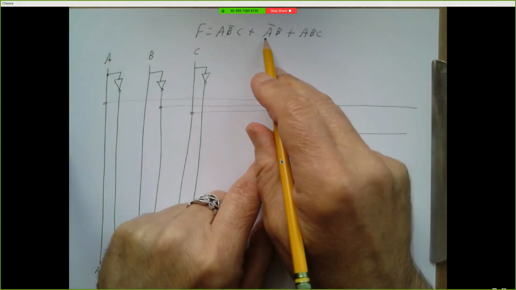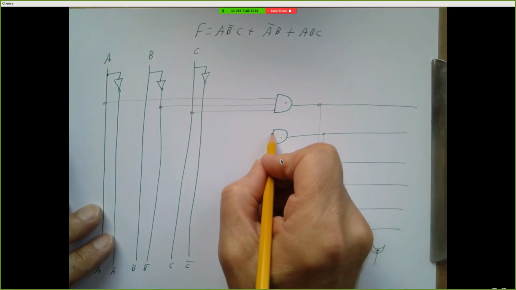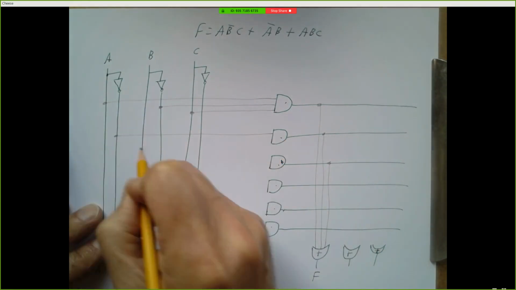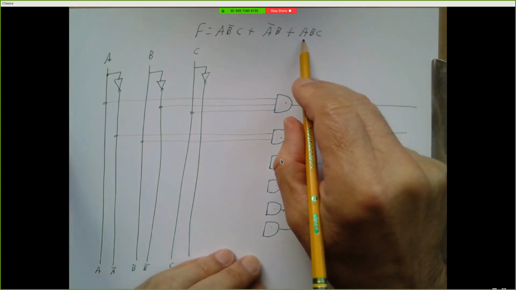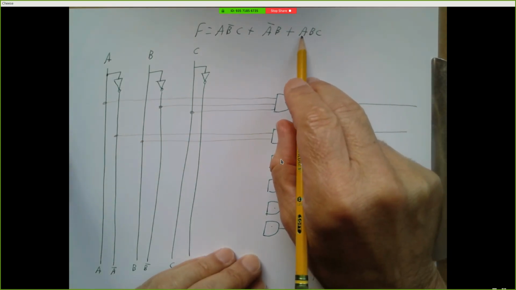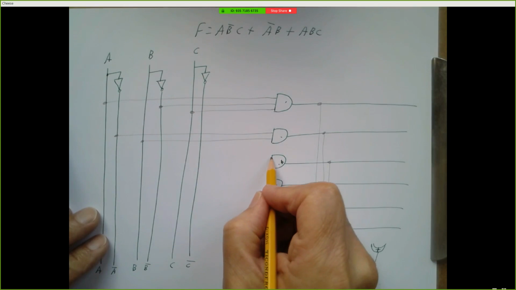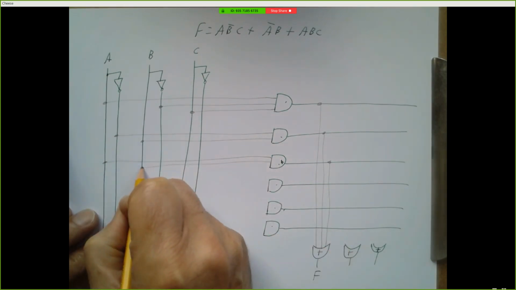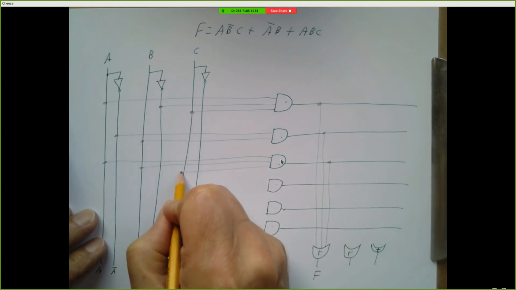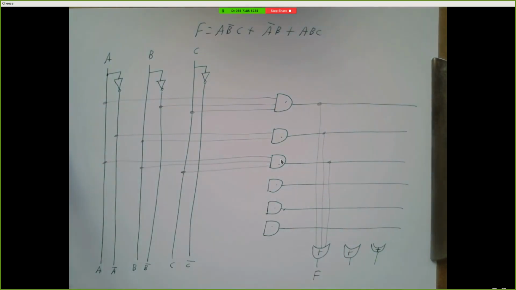And my second gate, I want to do A bar ANDed with B, so I'll draw a wire over to A bar, and I'll draw a wire to B. And my last input, I want the AND gate to be A, B, C, so I'll take this AND gate, connect one input to A, one to B, one to C. And now I have a beautifully drawn schematic diagram for my circuit that generates this equation.